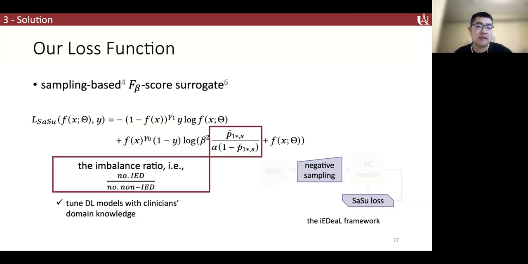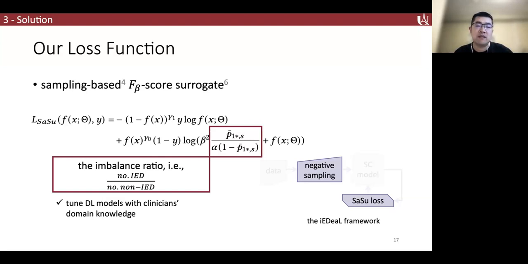The third term is the imbalance ratio, which is the number of IED examples divided by the number of non-IED examples. And alpha is the sampling ratio of the non-IED examples. This term can be automatically collected from the statistics of the dataset, and it can also be inputted by the neuroscientist.